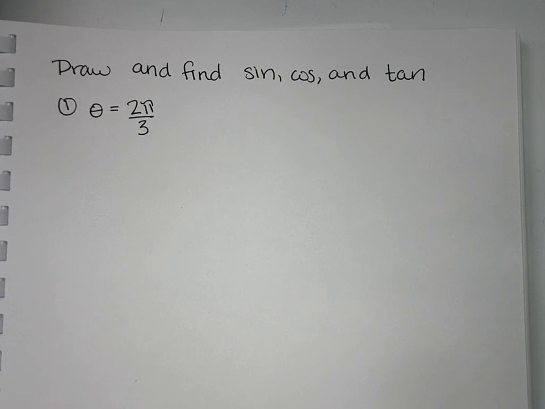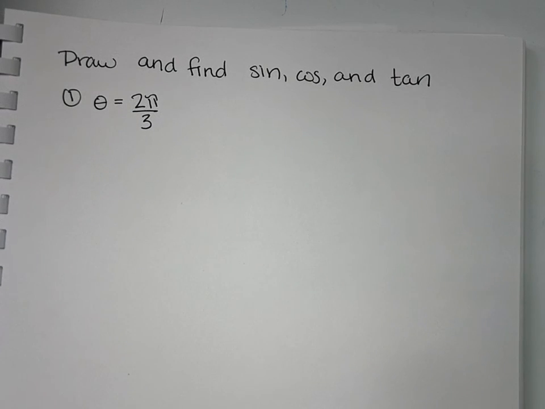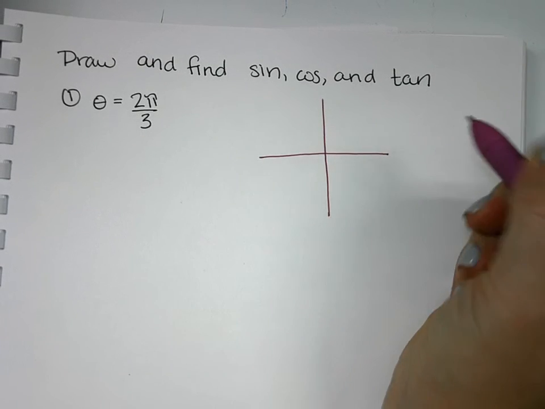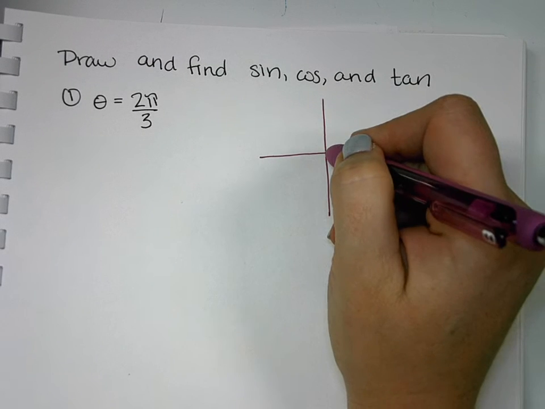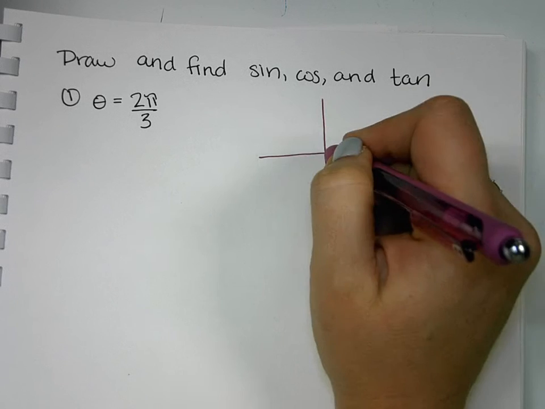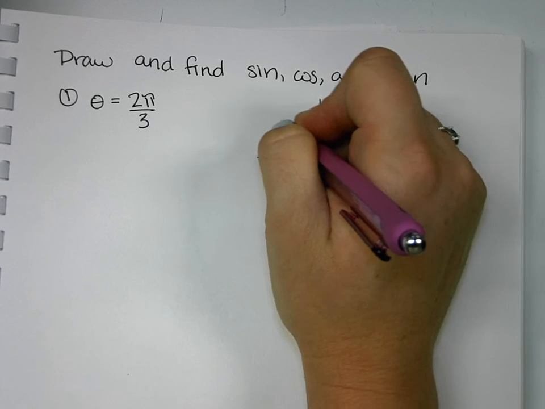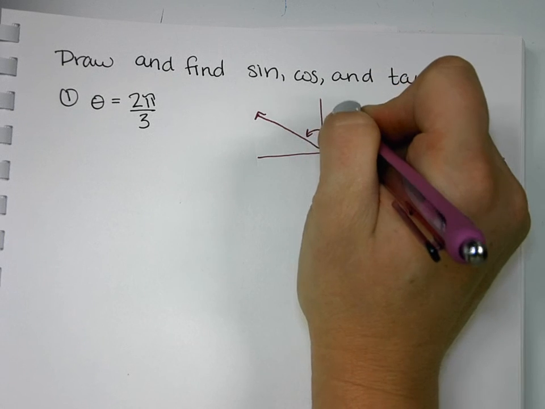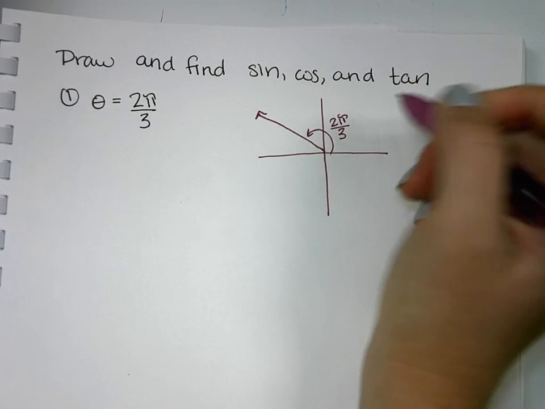So when I look at this, I'm going to start by sketching the angle like it asks. So here's my coordinate plane. 2 pi over 3 isn't quite pi, so I know it's going to be somewhere in here. So here's my 2 pi over 3. If you remember what angle that is, that's great.